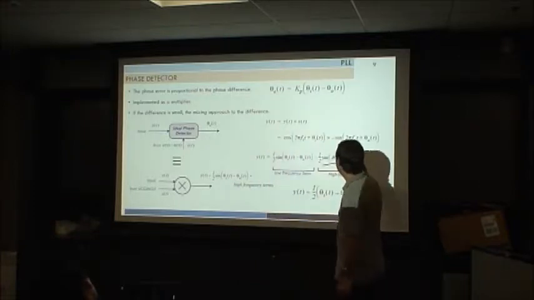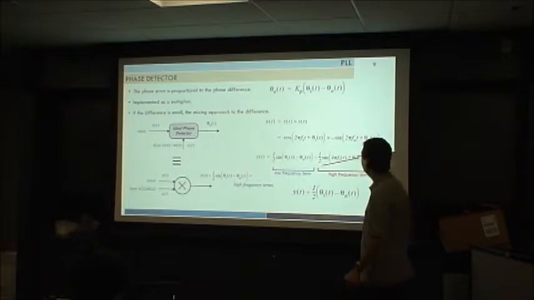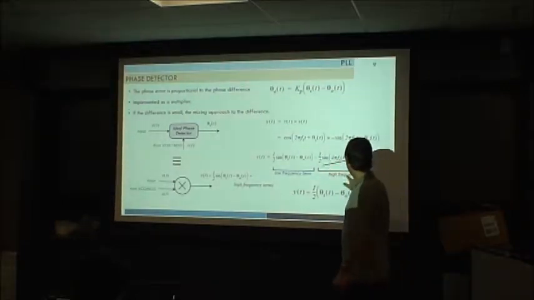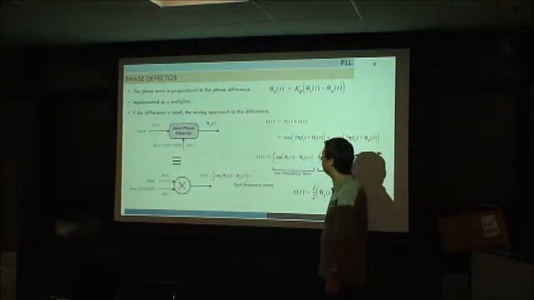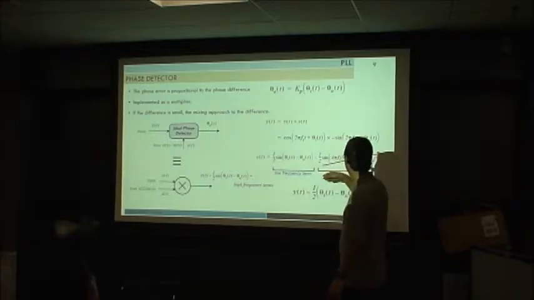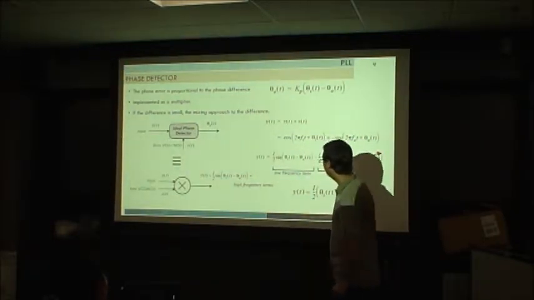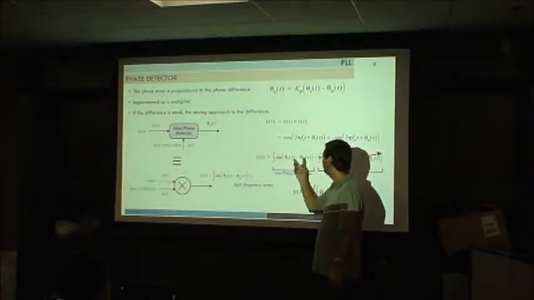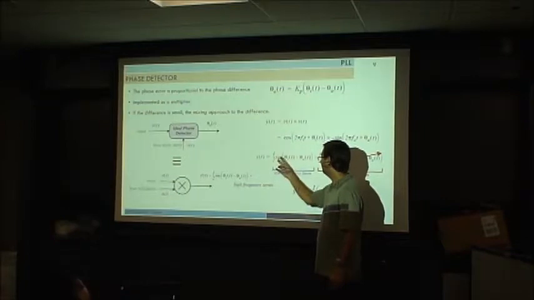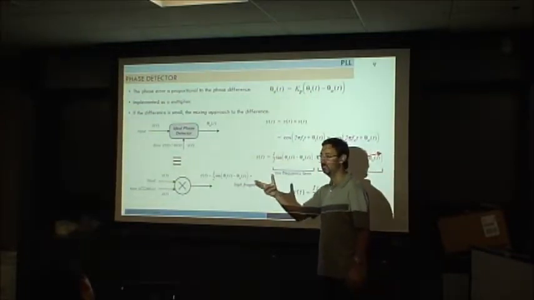If we follow the math, we have this. This is the incoming signal. This is our reference. This high-frequency component is the one that the loop filter will filter out, so that's why we cancel it here. At the end, we will have this low frequency term, and when the difference, or the angle, is really small, we can approximate the sine of the angle by the angle itself.